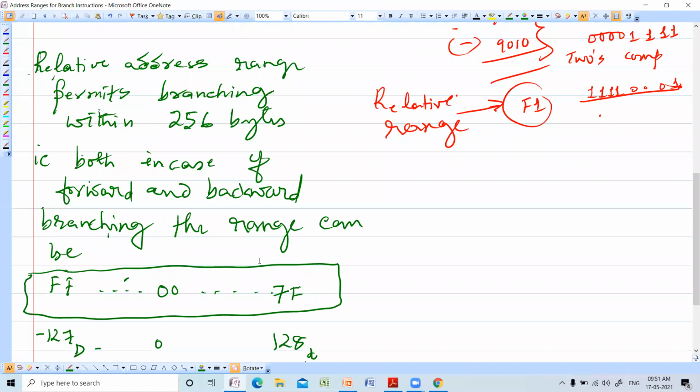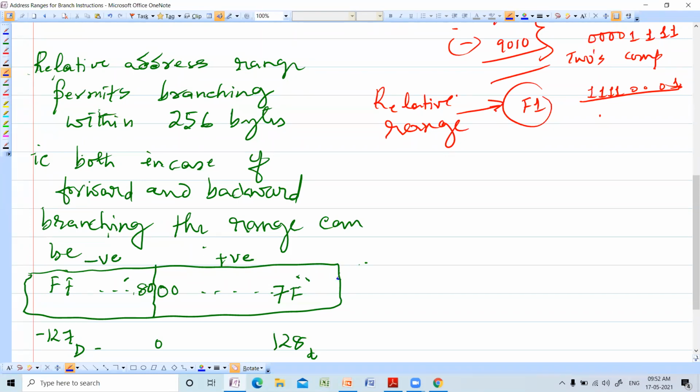So both in case of forward and backward branching, the range can be FF00 to 7F. Your FF side starts from 80. So 80 to FF is negative, and 00 to 7F is positive. You have to note this range down properly, otherwise it will be difficult to understand in the textbooks.